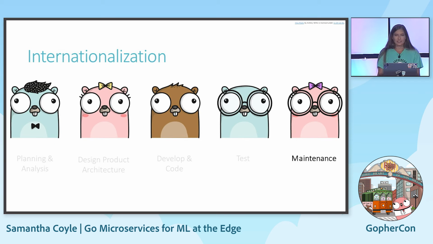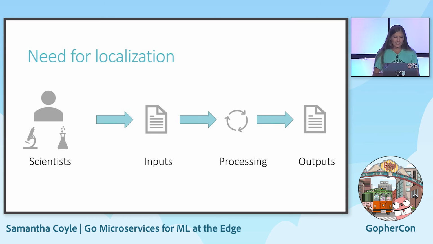And this brings us to that maintenance phase of the software development lifecycle, where our product team got some additional requirements where they were like, hey, we need to support Chinese for the web UI. And so we had to look into how the heck do we bring this into our healthcare solution and all of our microservices. And that actually brings up a kind of different word here under the same space, which is localization.